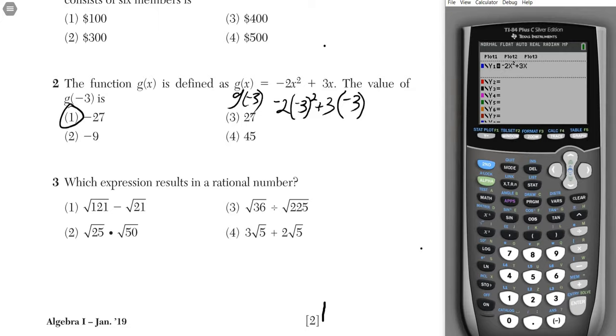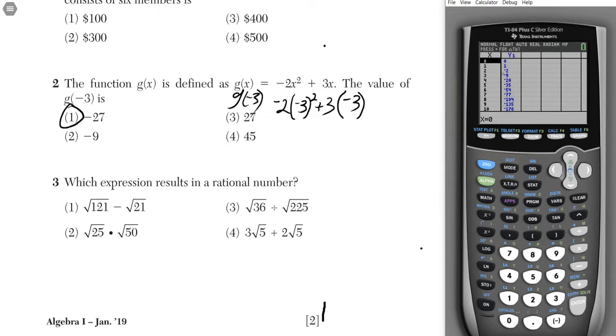So I can graph it, or I can look at the table. This table shows me when I plug in 0, meaning g of 0, I would get out a 0. When x is 1, I'll get out a 1. When x is 2, I get a -2. When x is 3, I get a -9.